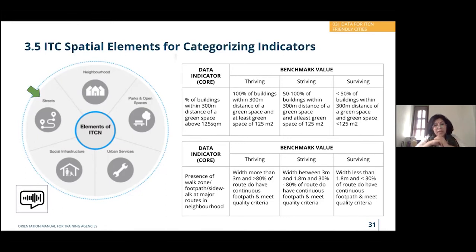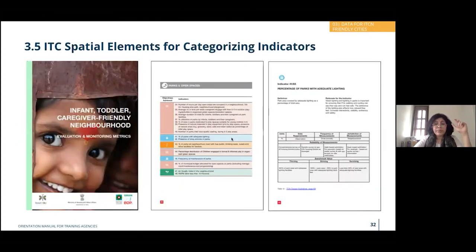Similarly, the second is an example of a street indicator, which is essentially about a footpath or a walk zone. I will just quickly run you through, so you will get access in this guidebook, which has all the details. I think it has some 65 indicators based on the 5 elements and based on the objectives.